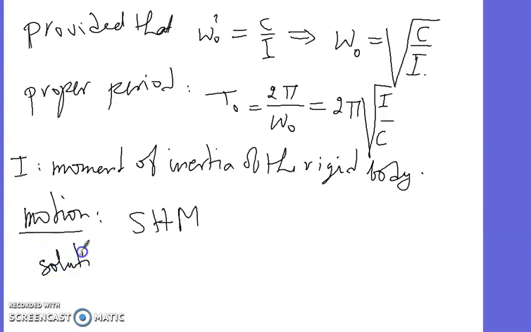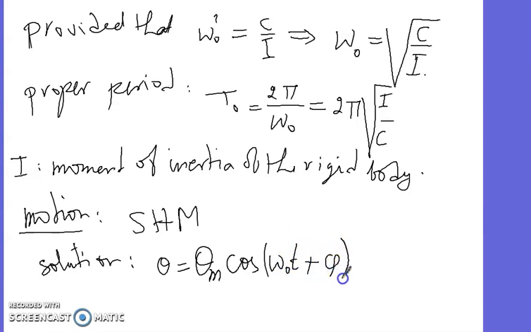Solution, which is always given. Clear? Theta equal, in the same way as elastic pendulum, the same way, but this is angular motion. Theta equal theta m, sine or cosine, it doesn't matter for us. Cosine omega 0 t plus phi.